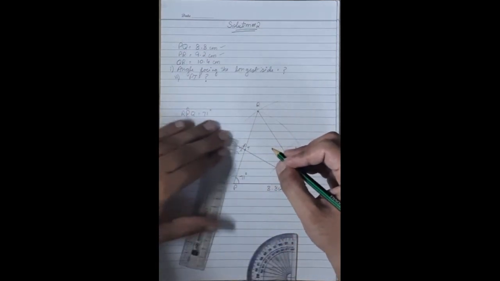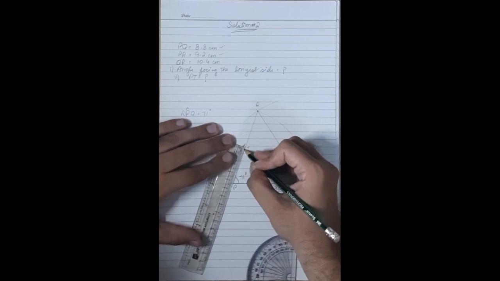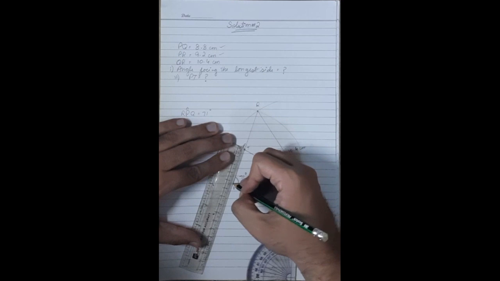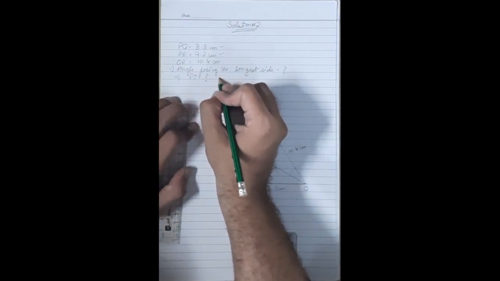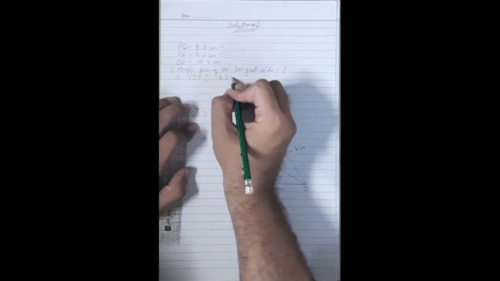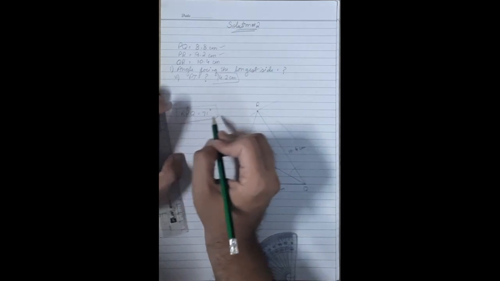So we can keep the scale here and we can check for the measurement. That is 4.2 centimeters. So this PT is 4.2 centimeter. This is the answer of part 2. This is the answer of part 1.